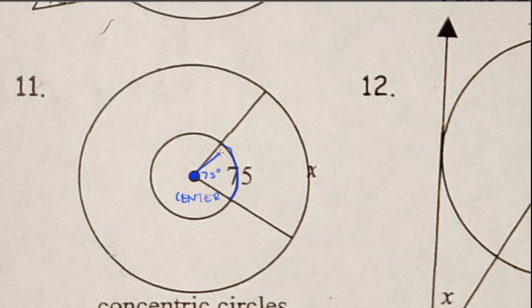And now if we look at the bigger circle, that's also going to be 75 degrees. So you can kind of think of it as you have two similar circles. All you're doing is taking the little circle and scaling it proportionally. So the angle should not change.